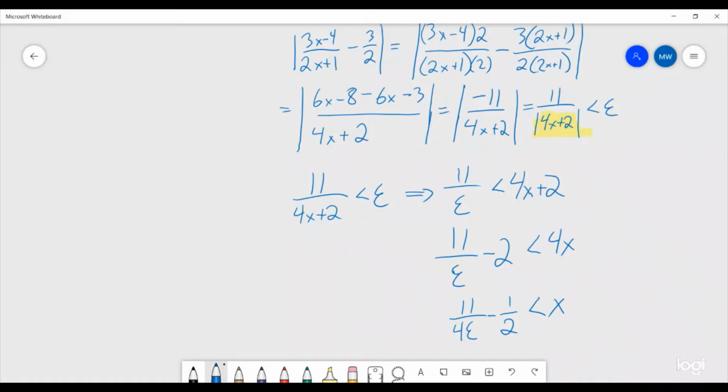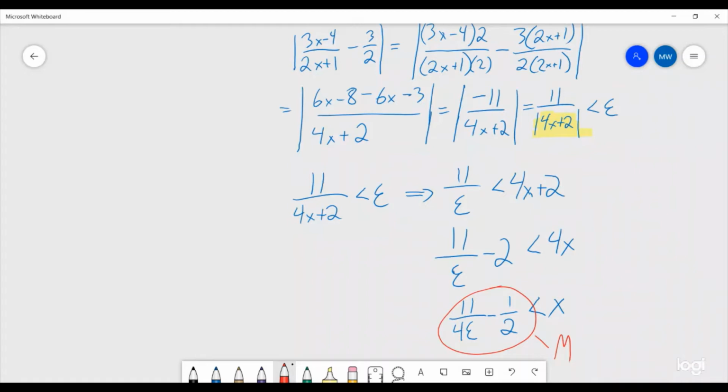So what we are going to do is say that this is M. However, this is going to be a little bit tricky because we have to make sure that M is bigger than 0. But this minus 1/2 is what's going to be a little bit complicated.